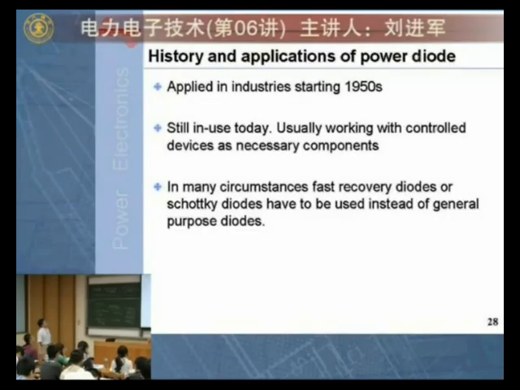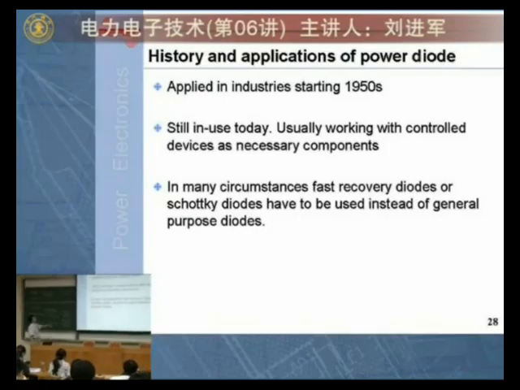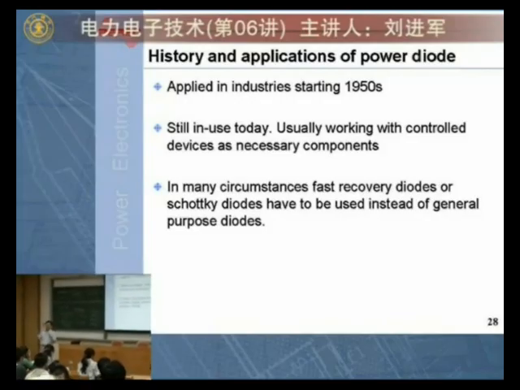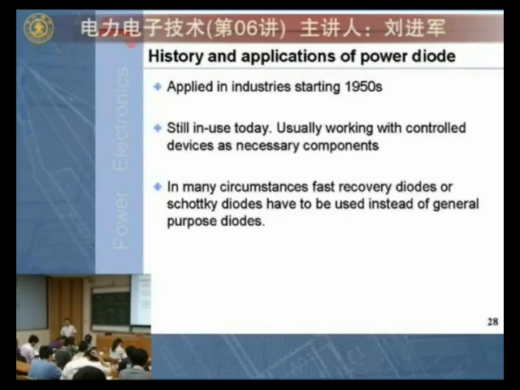This page shows a little bit about history. The power diode has been in use since the 1950s. The power diode was invented before the thyristor.